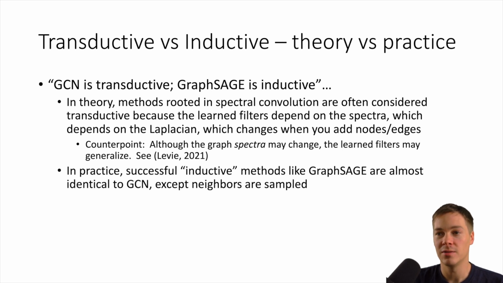But that aside, in practice, the inductive methods like GraphSage are actually identical to GCN. The real difference between these two is that the neighbors are sampled in the case of GraphSage, but nothing about sampling neighbors necessarily makes that inductive, whereas not sampling neighbors makes you transductive.